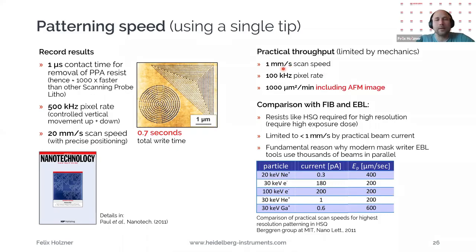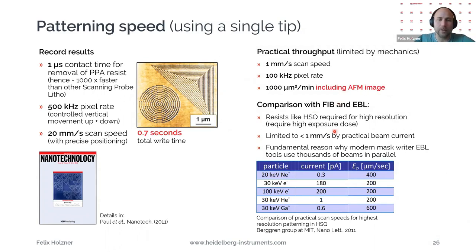We scan typically with a millimeter per second. In effect, if you pattern everywhere with around 50 nanometer resolution, you cover 1,000 square micron per minute. But the key thing is you also get an AFM image while you do the patterning. So you have later on one huge AFM image of all your pattern.